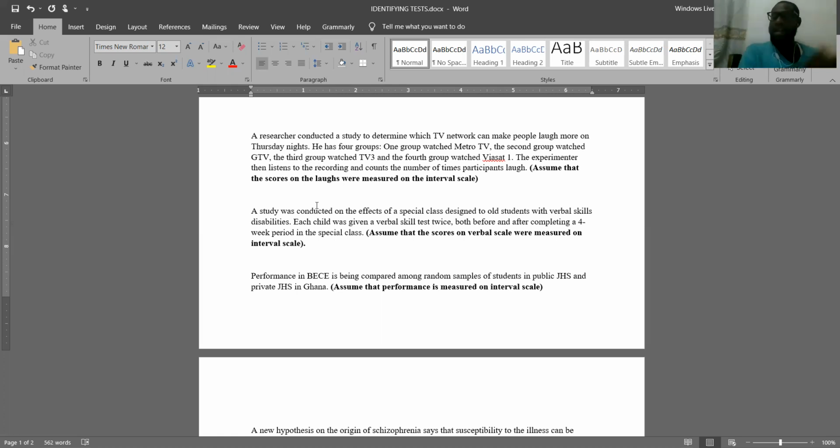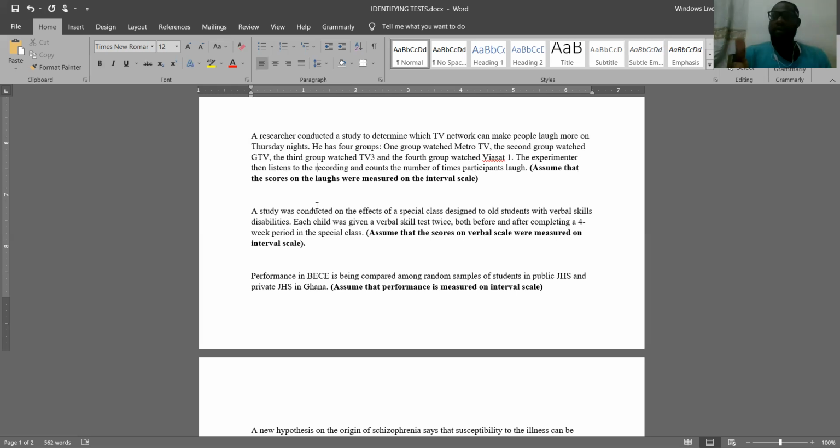And the independent variable will be the type of TV network. On the type of TV network, they have manipulated it into different groups: Metro TV, GTV, TV3, and Vansat 1. So it means that they are comparing 4 different groups on a dependent variable, which is laugh, or the number of times someone laughs.